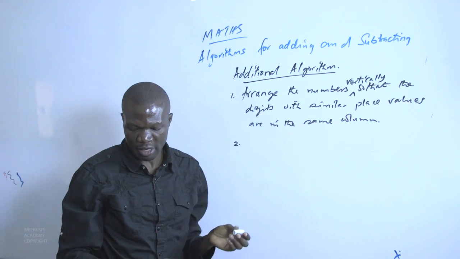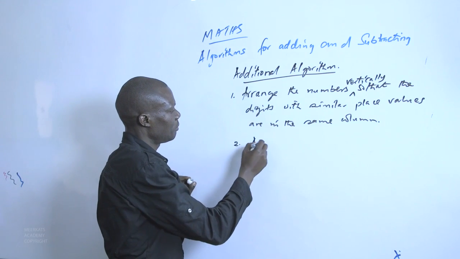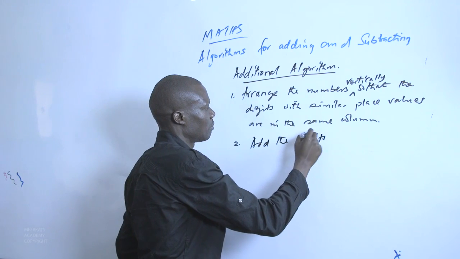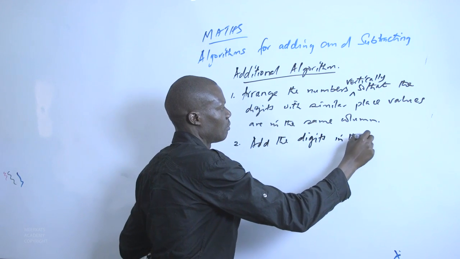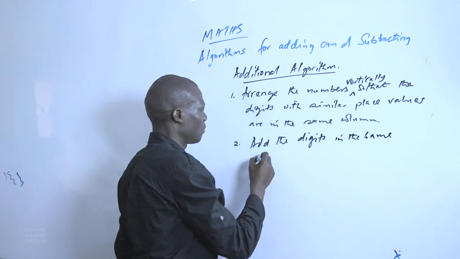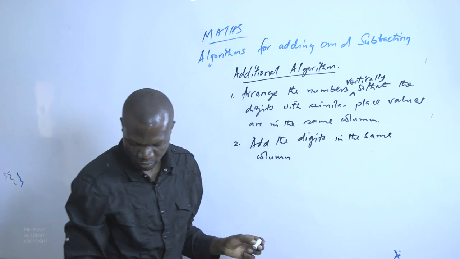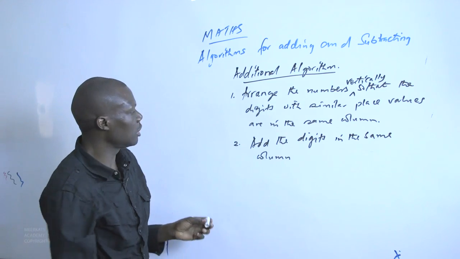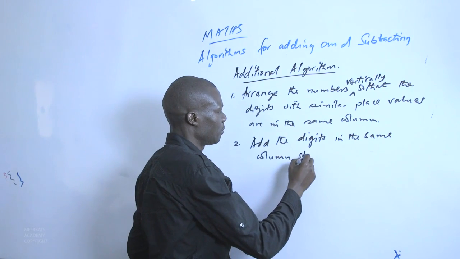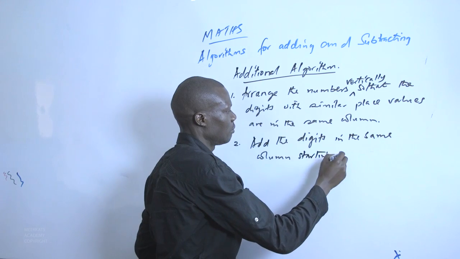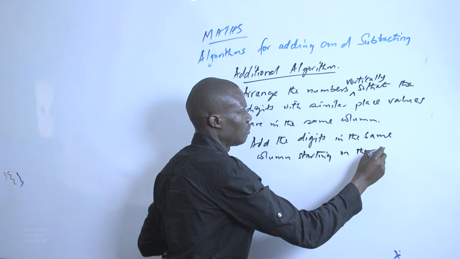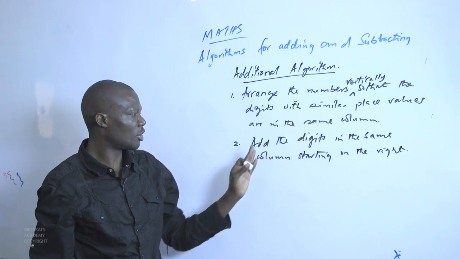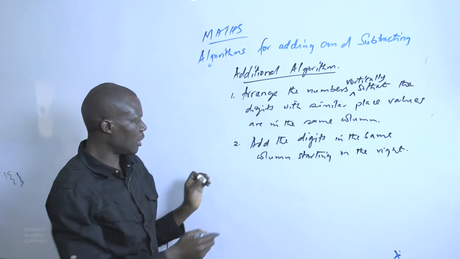The second step: add the digits in the same column, starting on the right.